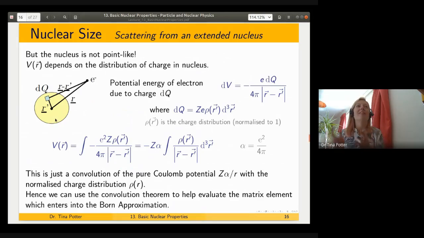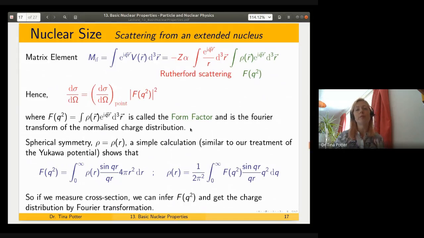So this is very simply our typical standard Coulomb potential here, but we're going to convolute it with a normalized charge distribution. And we're going to call this rho here. So we can put in this convolution here as rho, and it should be normalized to the total charge of the nucleus. So let's pop this into the matrix element that we're going to put into the Born approximation for the cross-section.